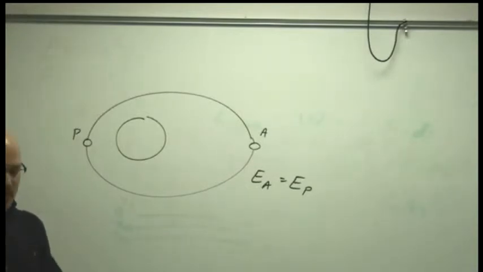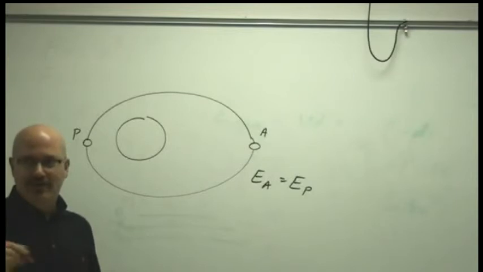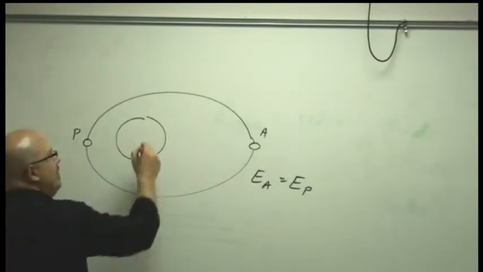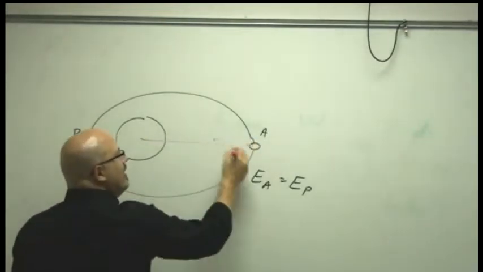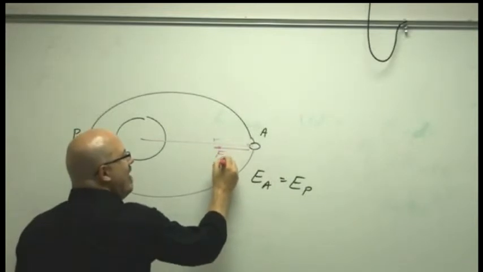Which way does the force act on the planet? The key answer is along the radius. So here's our radius, and the force of gravity is along the radius.